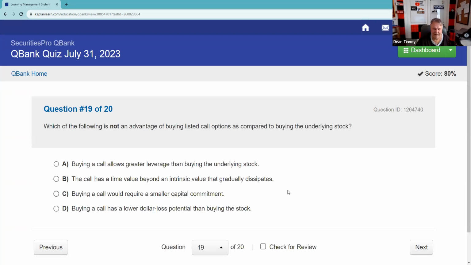Which of the following is not an advantage of buying listed call options as compared to buying the underlying stock?